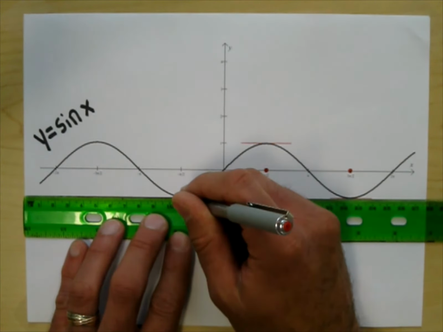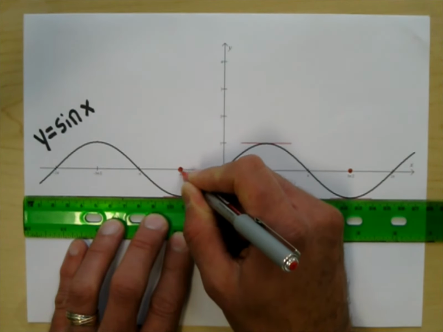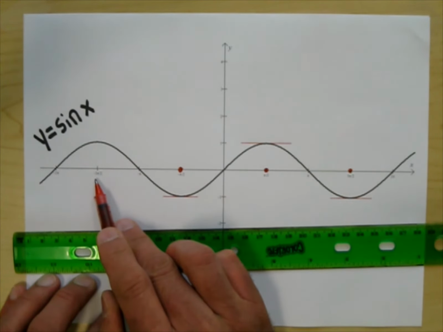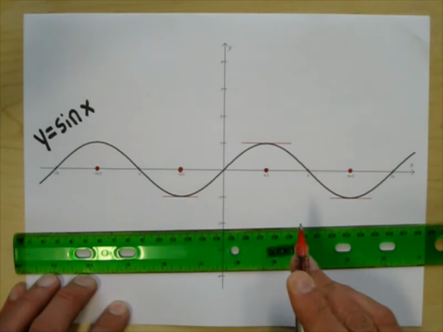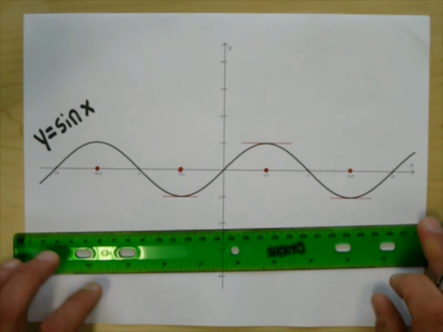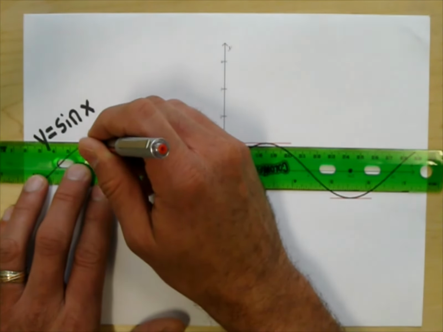The slope there is 0. It looks like the slope is 0 at negative 3 pi over 2 as well. So the slope is 0 on this sine graph at the top of the hills or at the bottom of the valleys.